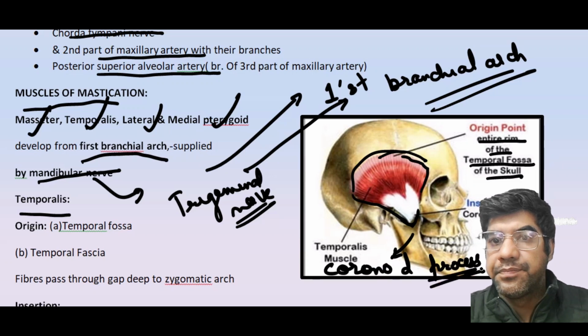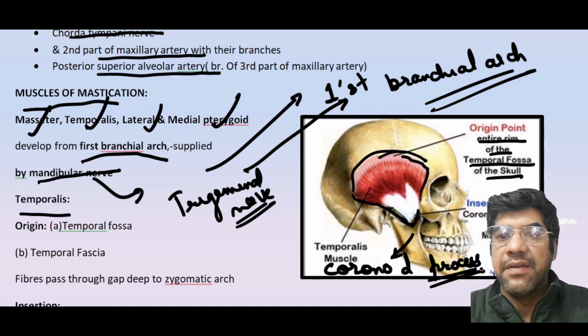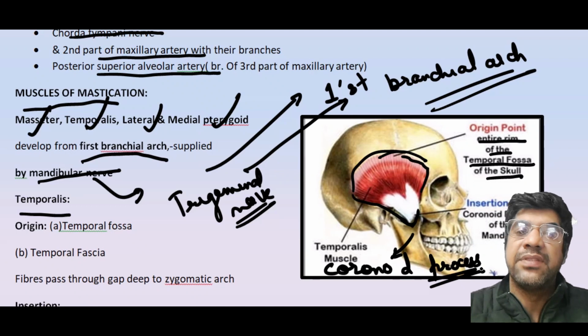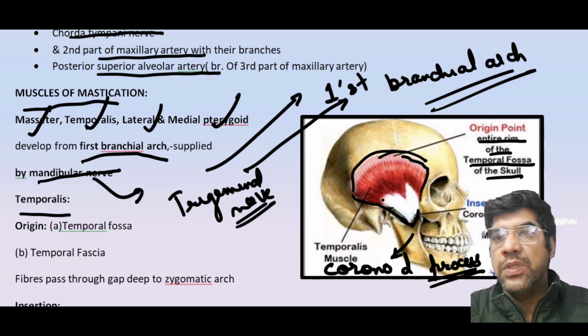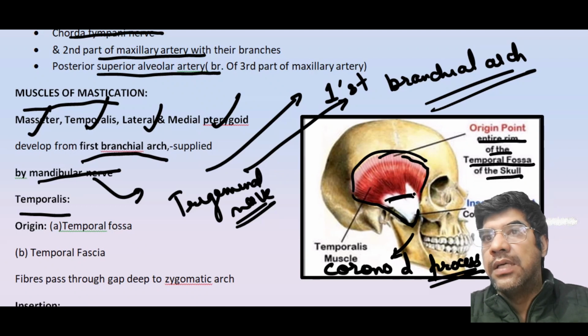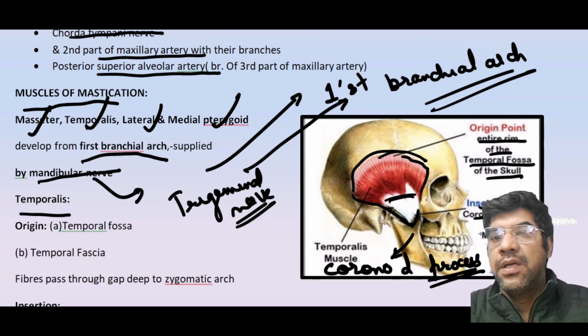The anterior fibers run vertically, the middle fibers run obliquely, and the posterior fibers run horizontally. All these fibers converge and pass through the gap deep to the zygomatic arch. So the insertion point is the coronoid process of the mandible.